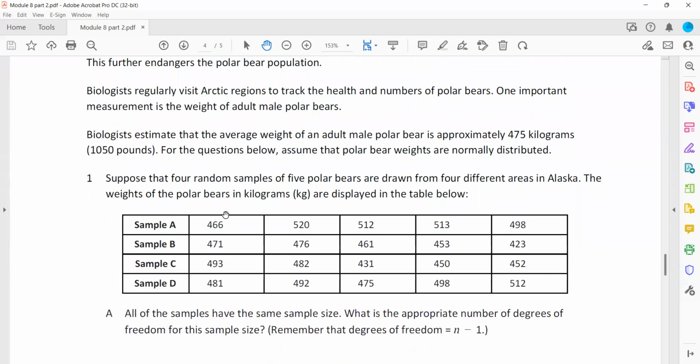Suppose that 4 random samples of 5 polar bears are taken from 4 different areas in Alaska. The weights of the polar bears in kilograms are displayed in the table below. The first sample has 5 numbers in it, and the second, sample C, and sample D have the same. So what is the degrees of freedom for each sample?